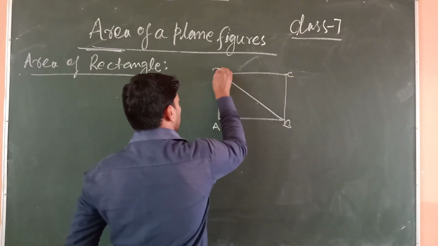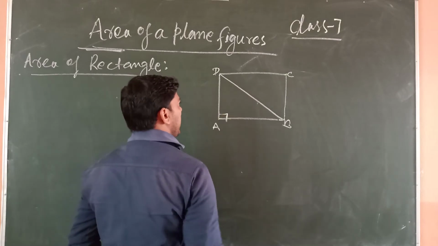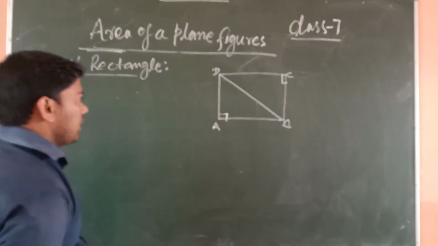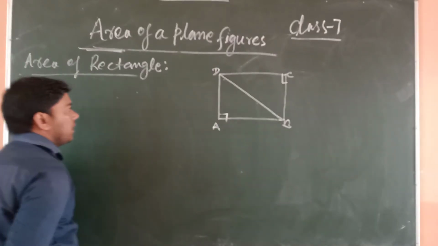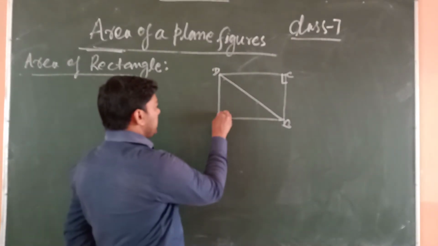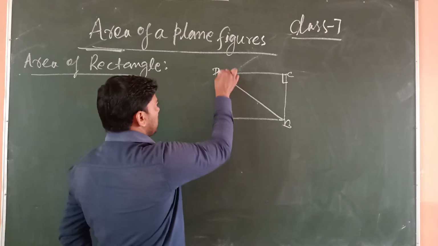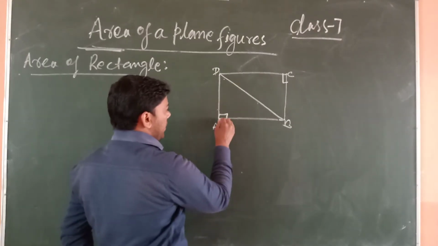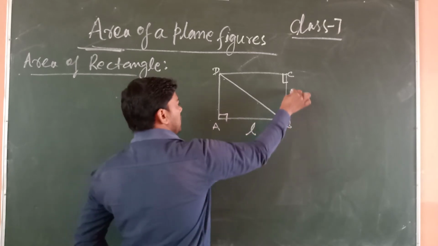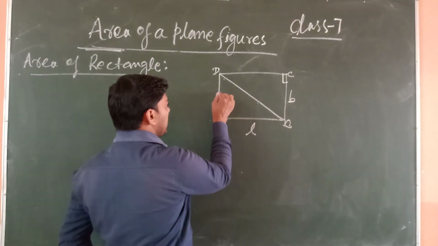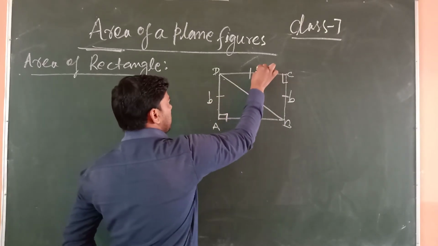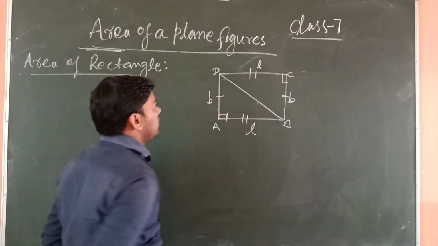ABCD is a rectangle: angle A is 90 degree, and angles B, C and D are too. Each angle is 90 degree in a rectangle. So AD is perpendicular to AB, and AB is the length. Opposite sides are equal, so BC and AD are equal to B and the others equal to L.